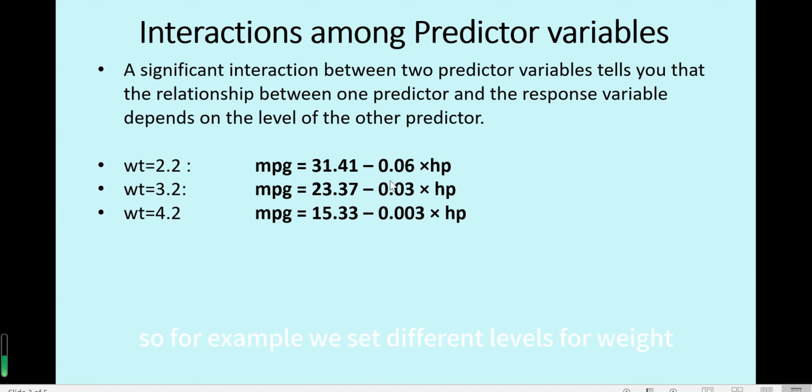For example, we set different levels for weight: 2.2, 3.2, and 4.2. Then the linear regression becomes three simple linear regressions. You can see that for different weights, the coefficients for hp are different.